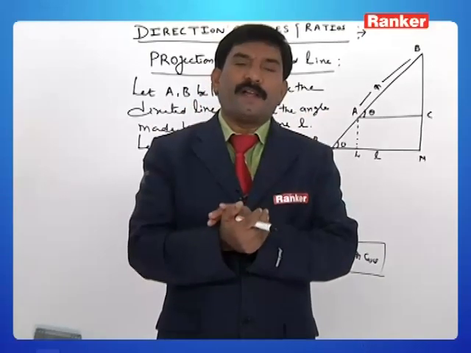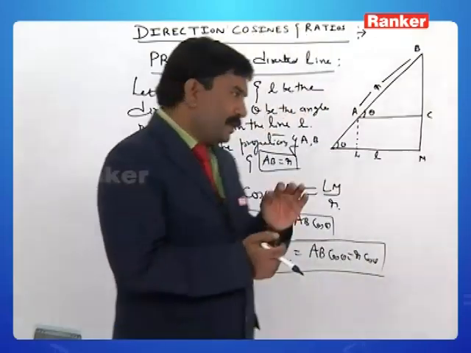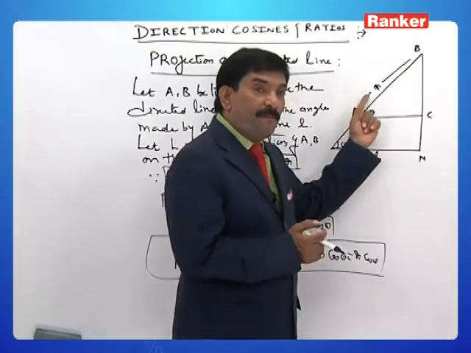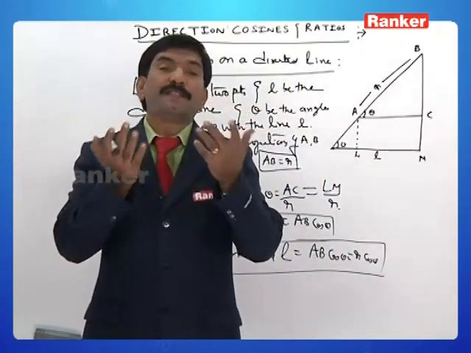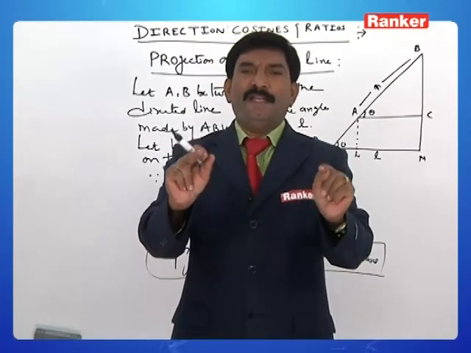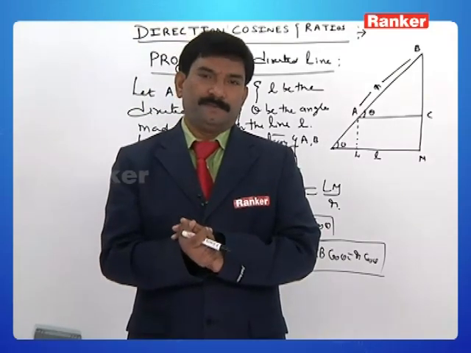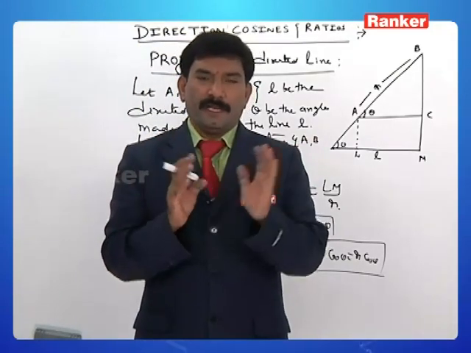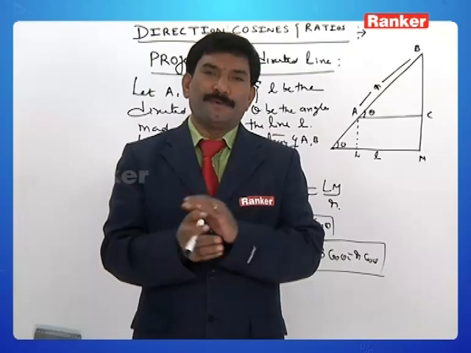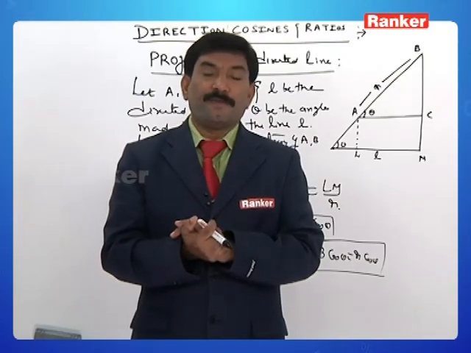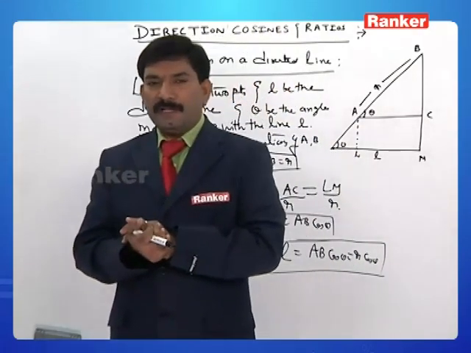If theta is acute, LM is the projection of AB on the line L. If theta is obtuse, minus LM is the projection of AB on the line L. One is in the positive direction, the other one is in what?